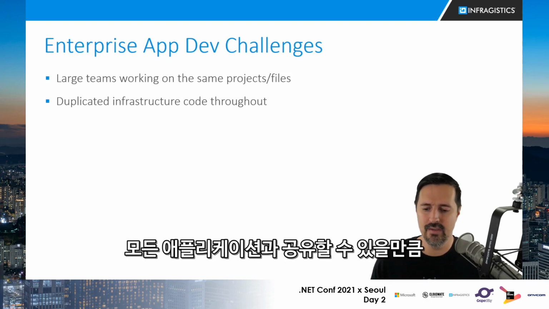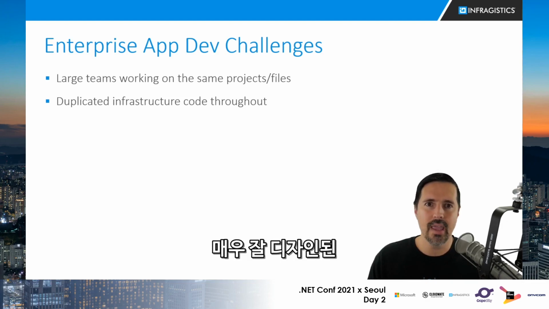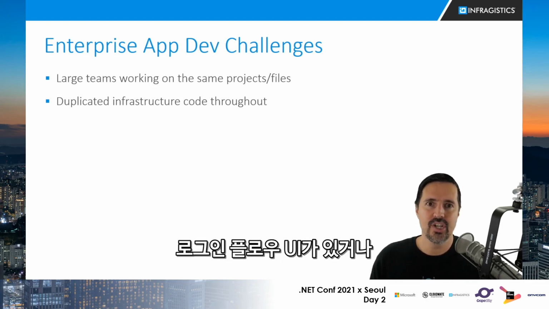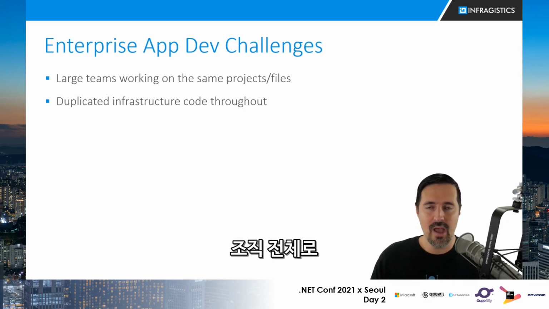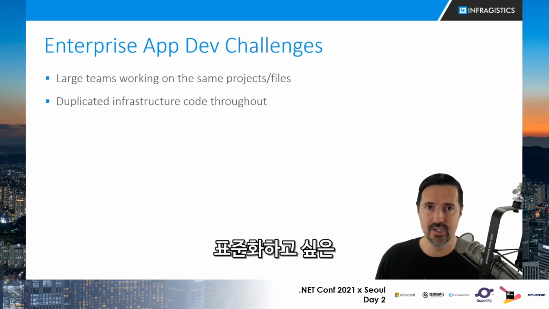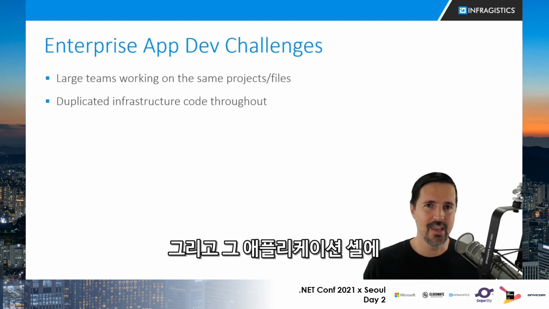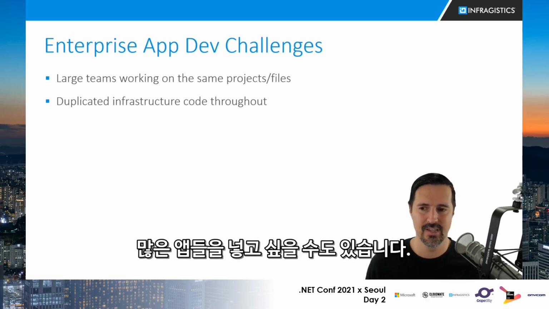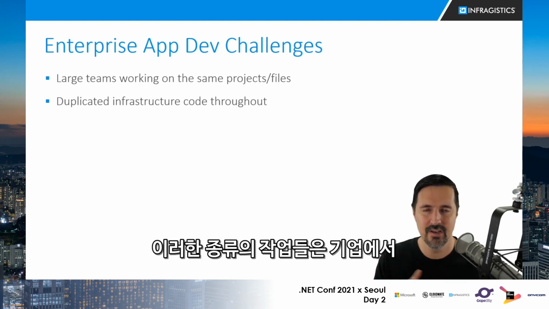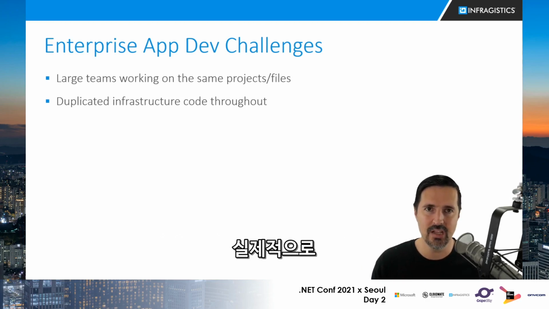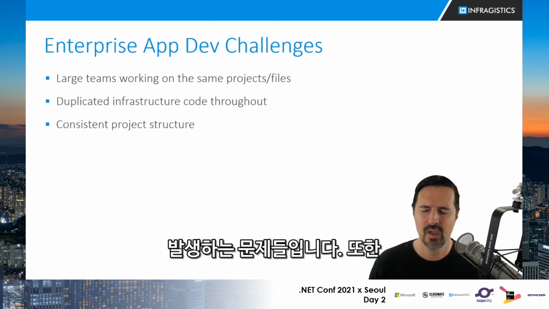Maybe you have a very nicely designed login flow UI that you want to share with every application. Or maybe you have a shell of your application that you want to standardize on in your entire organization, and you want to inject mini apps into that. Those kinds of things become real challenges in larger enterprises.